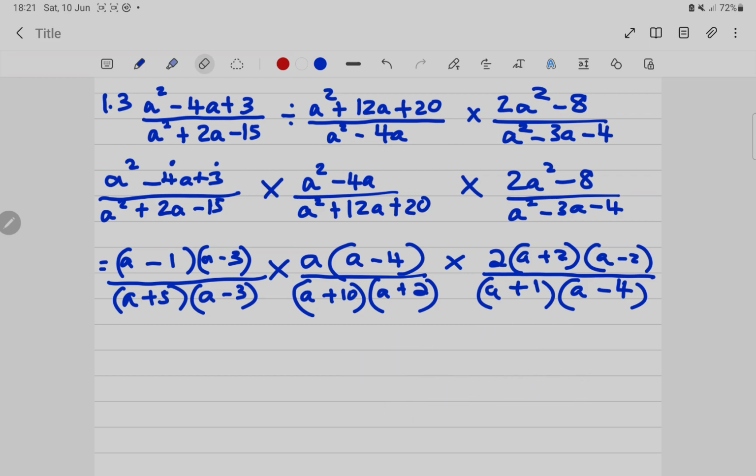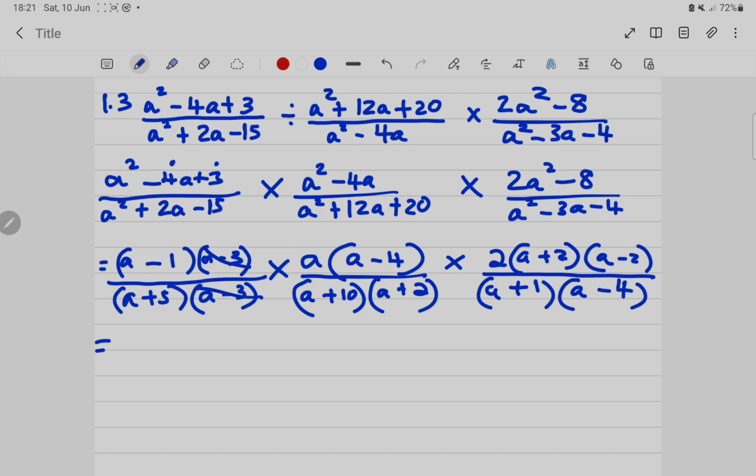Now let's simplify. Simplify means there's a numerator, and you check if there is a denominator that is the same as a minus 1. Then you cancel them out, not to get a 0, but it goes once. So is there any a minus 1 as a denominator? The answer is no, so you leave a minus 1. Is there any a minus 3 at the bottom?